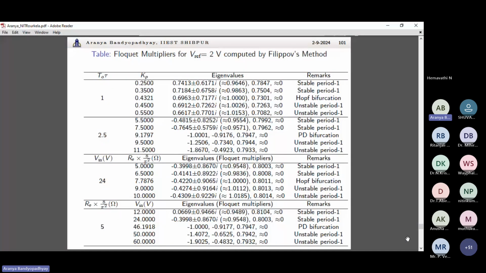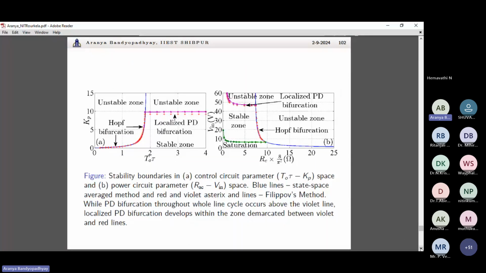Again, the details will not be shown over here, but let me show you something which can be readily appreciated. We can clearly see stability boundaries in control circuit parameter spaces and power circuit parameter spaces. And can you see this blue line? This blue line has been obtained by the state space average method.